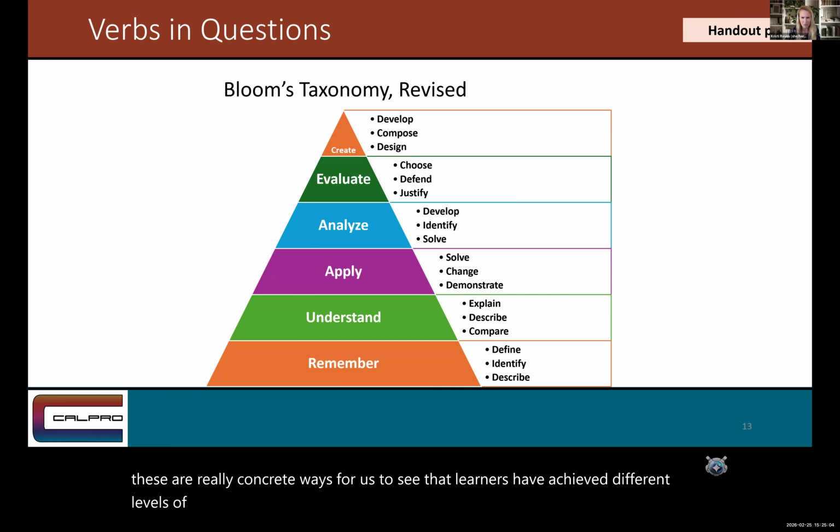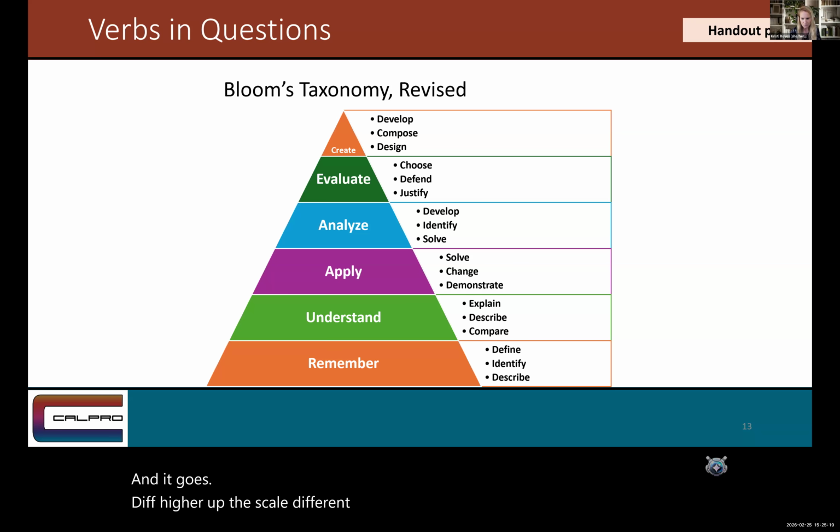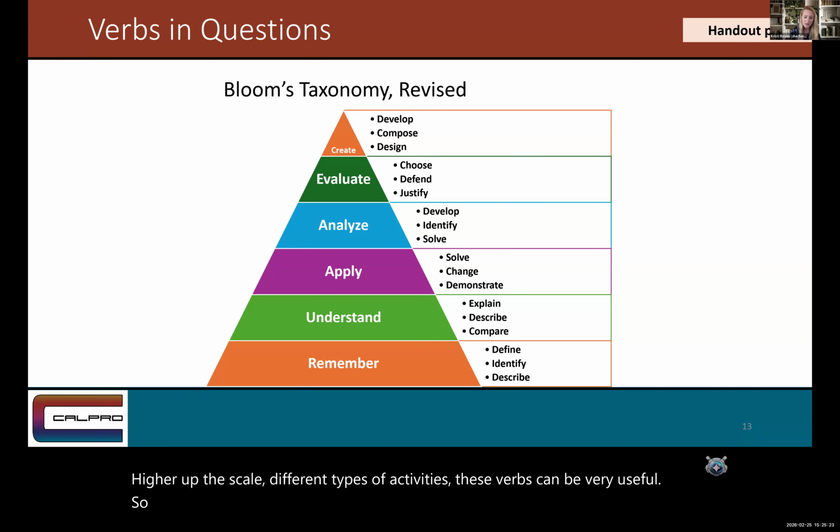So you see, for example, define, identify, describe, then explain, describe, compare, and it goes higher up the scale, different types of activities. These verbs can be very useful. They can be used in the questions that we ask students about text, as well as the tasks that we have them do with texts.